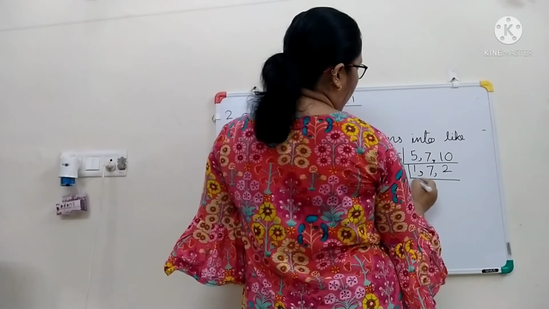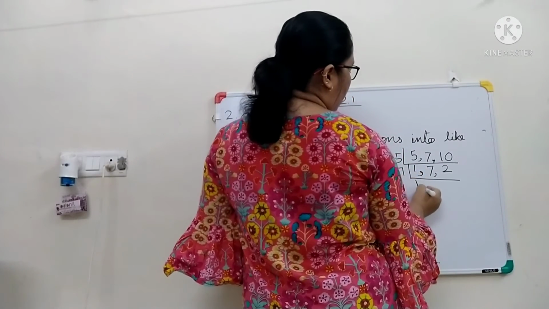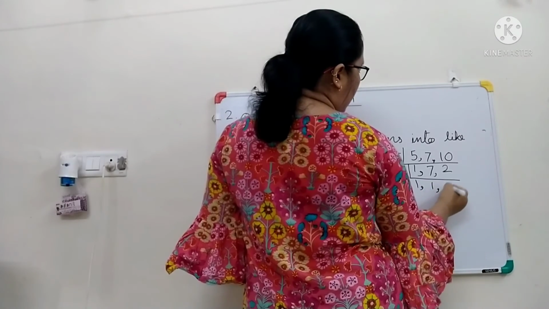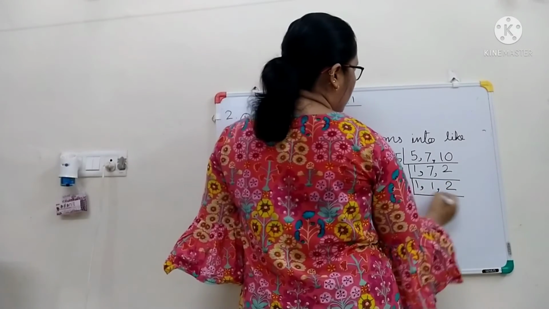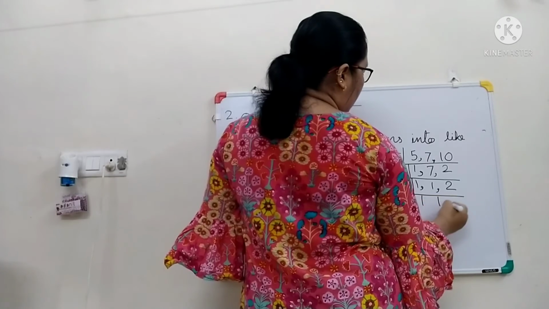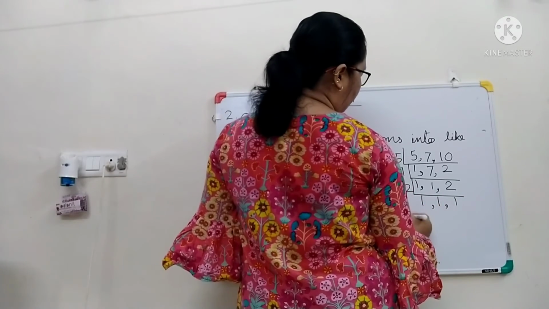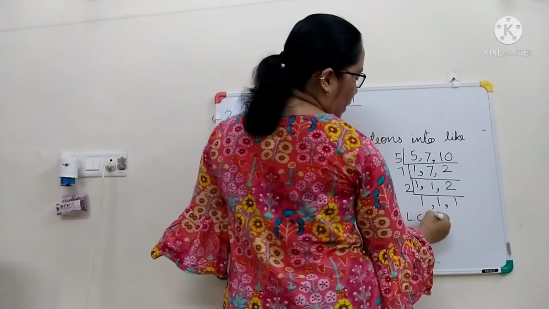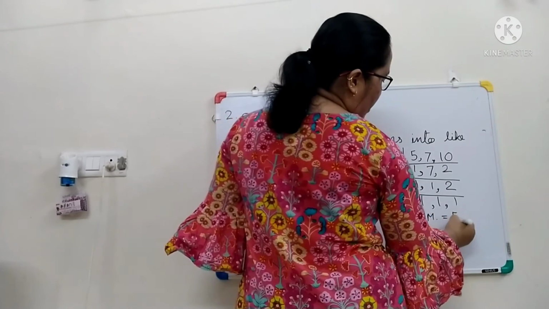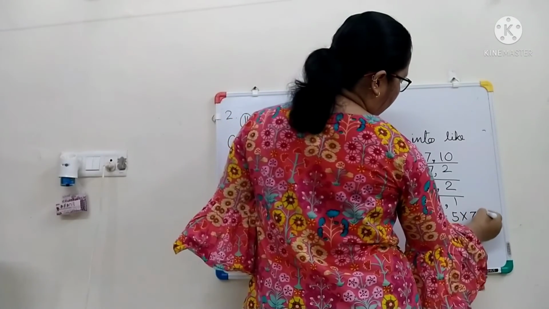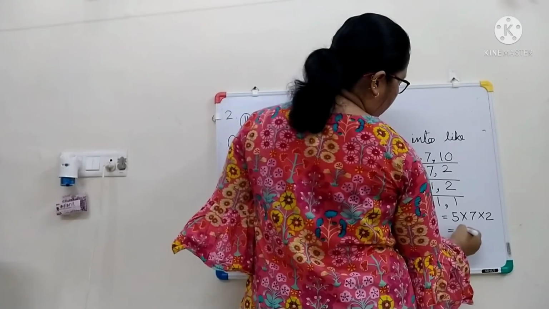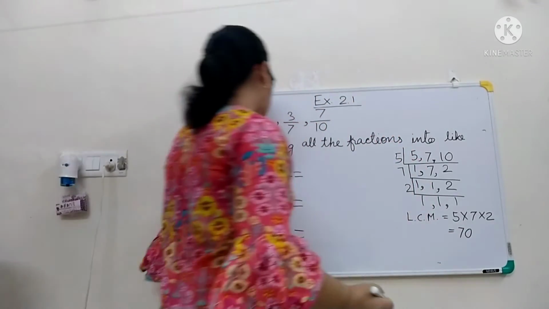Then 7 ones are 7, then 2, and 1, 1, 1. So what is the LCM? LCM is equal to 5 multiplied by 7 multiplied by 2, which is equal to 70. So the LCM is 70.